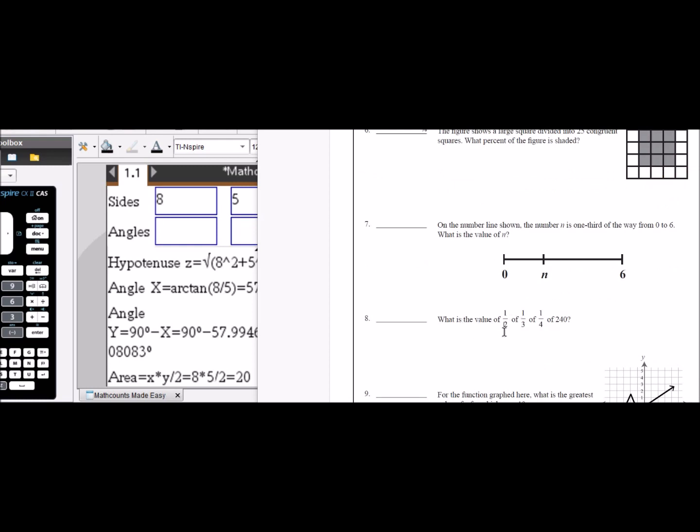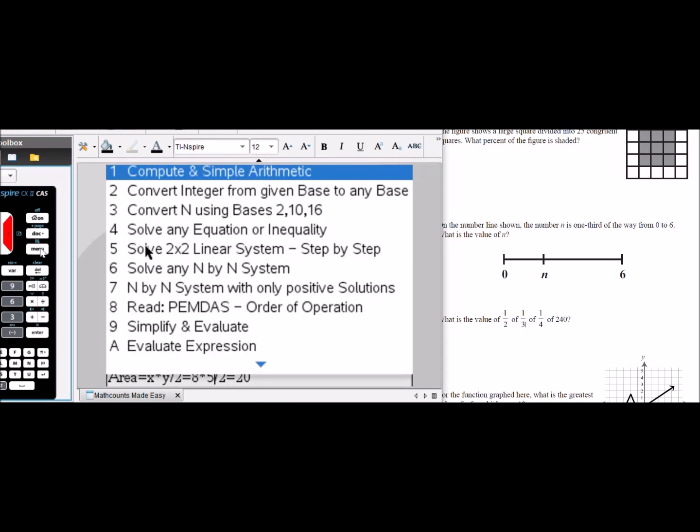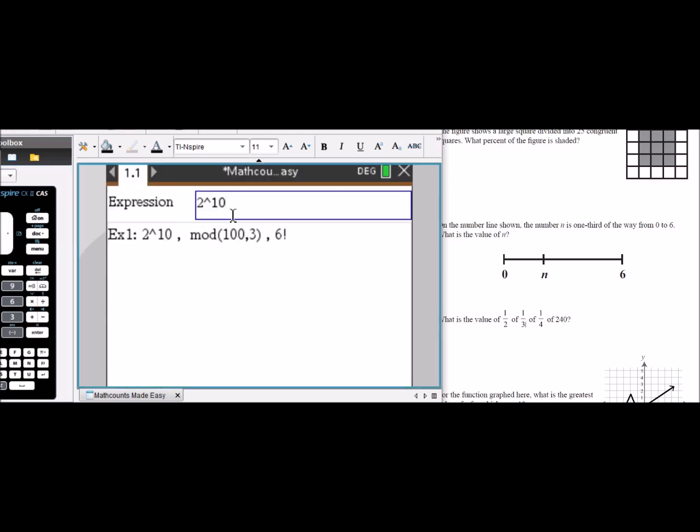Okay, so what else can we do here? This can just be typed in, right? If you ever want to do math, a half of a third of a fourth of 240, you should know you can always go to the option 1, section 1, which is compute and simple arithmetic. So you can type in anything. 2 to the 10.